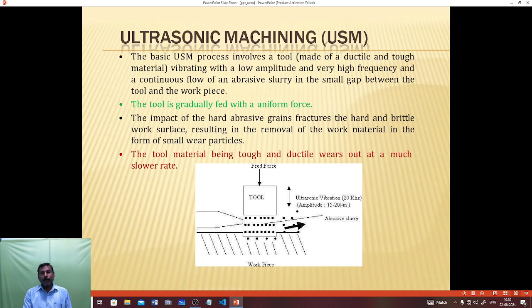The impact of the hard abrasive grains fractures the hard and brittle work surface, resulting in the removal of the work material in the form of small wear particles. The tool material, being tough and ductile, wears out at a much slower rate.